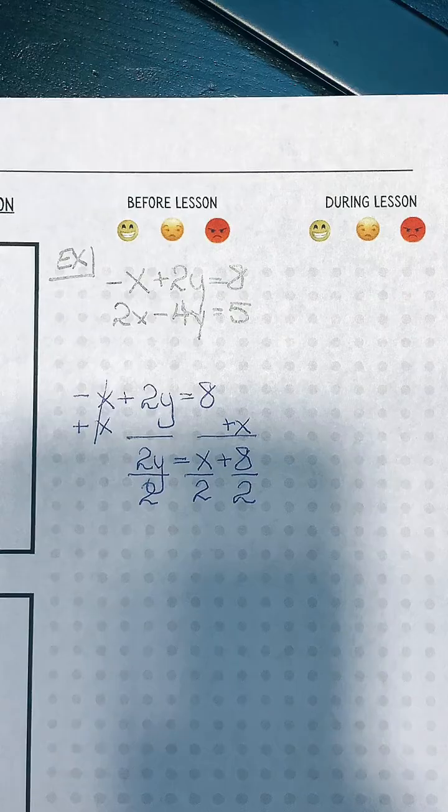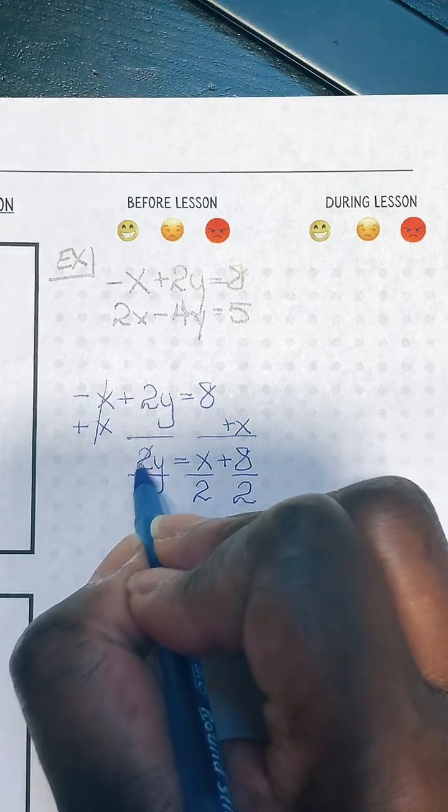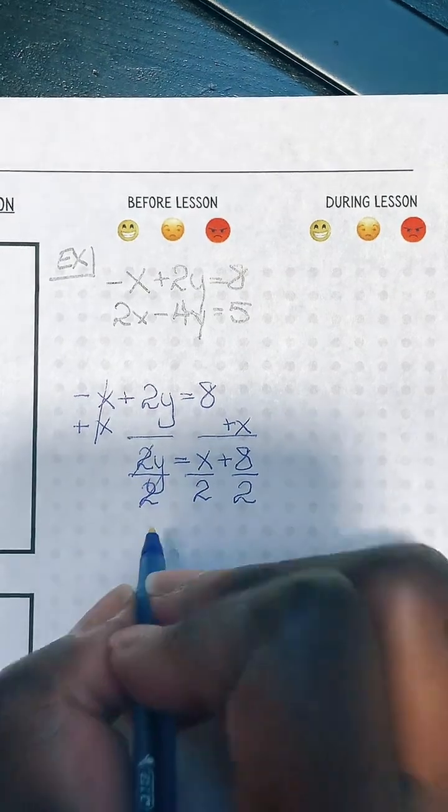Okay. So we're going to divide everything by 2. It's not a negative 2. Anyway, we're dividing everything by 2.